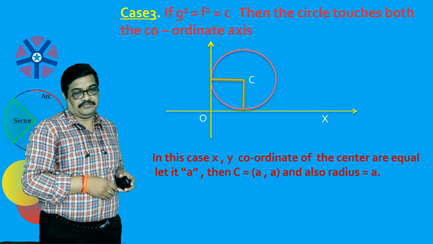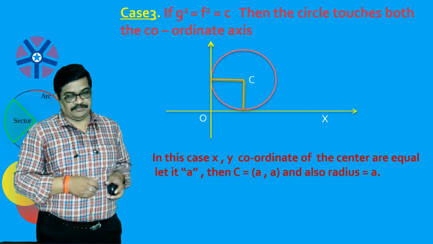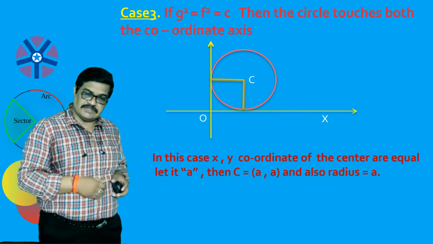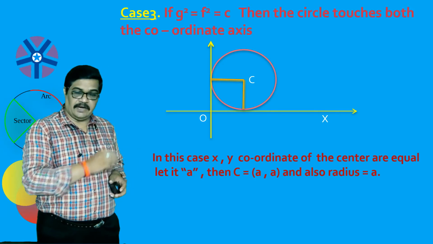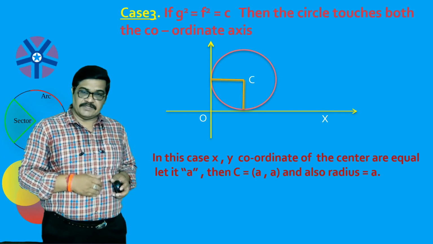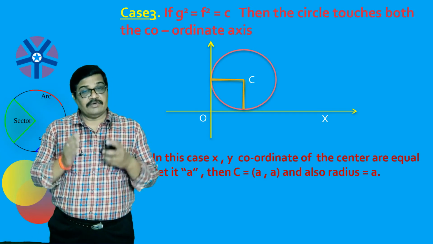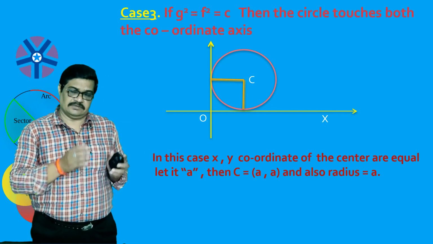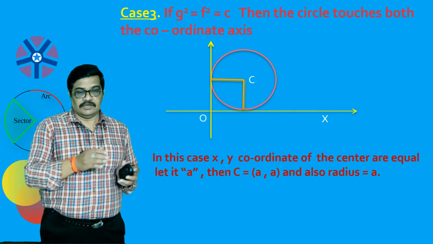Let it be a. Then the center is taken as (a, a), and the radius is also a. So if any circle touches both the coordinate axes, then we take the center as (a, a) and the radius is also a.